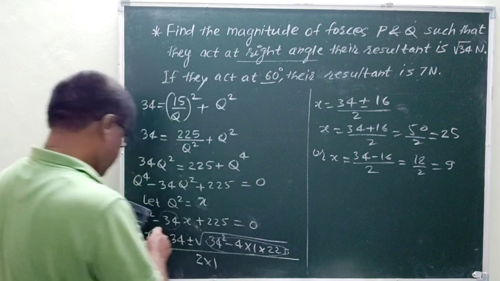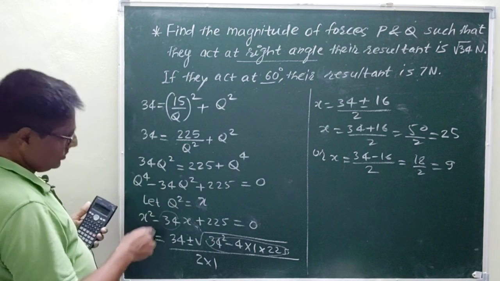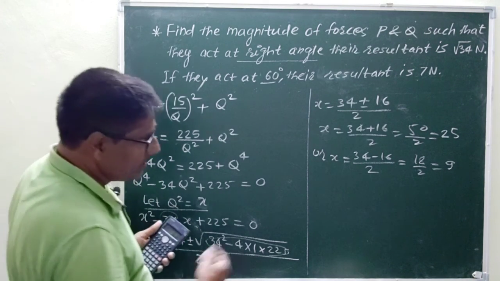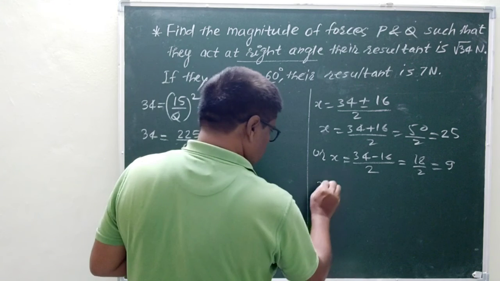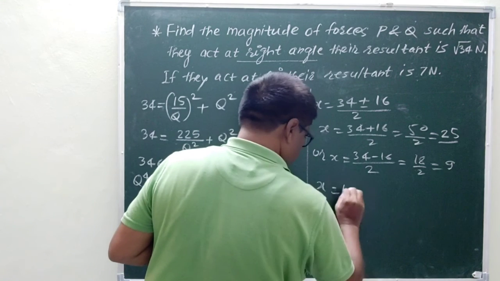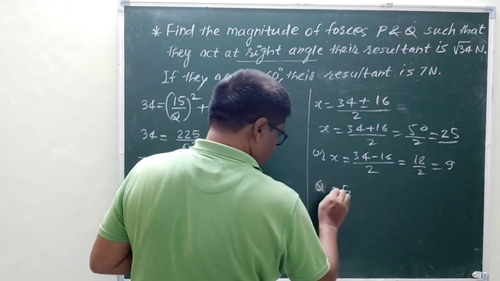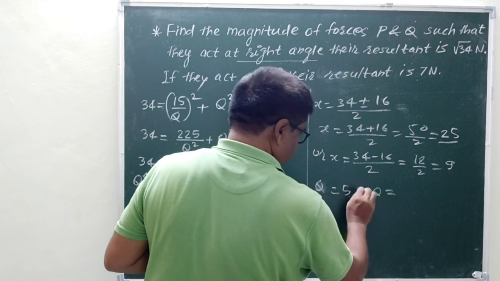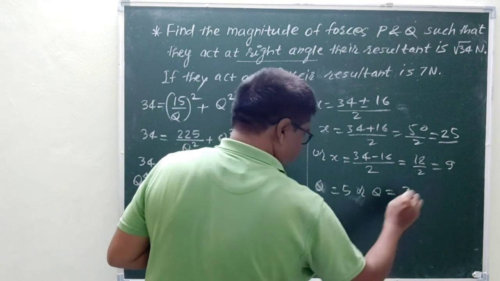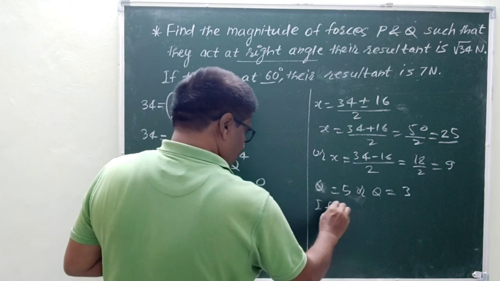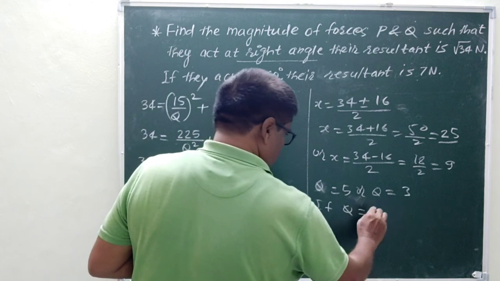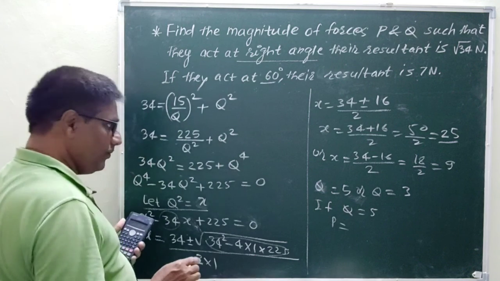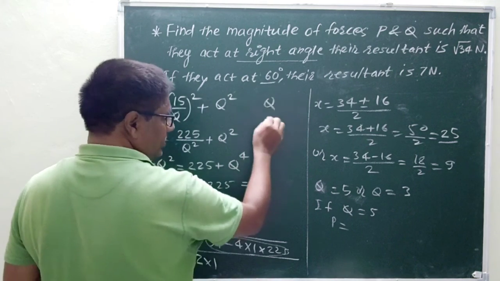X means what? X is equal to Q square. Here we have assumed x is equal to Q square, therefore Q is equal to either 5 or Q is equal to 3.